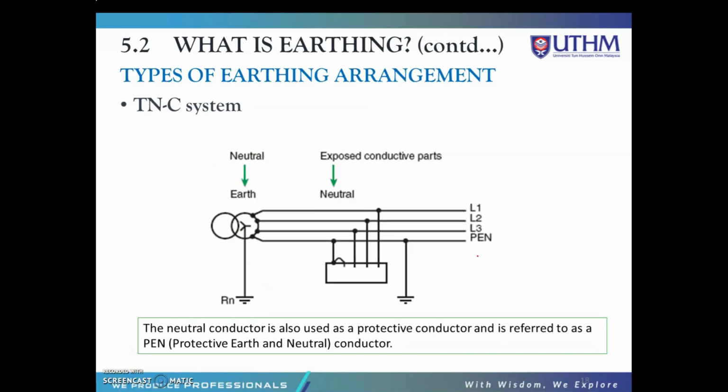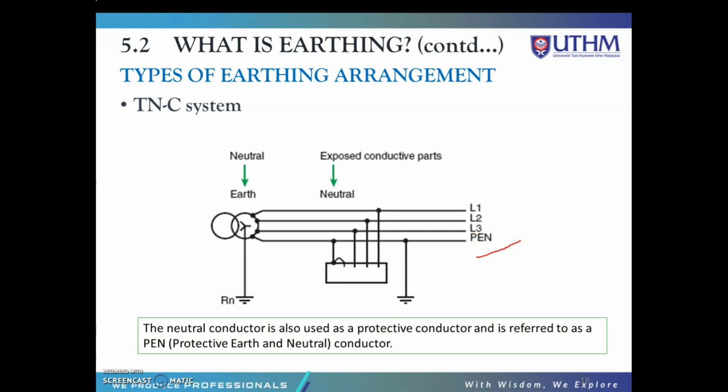The second one is the TN system. Okay, in TN system, we have three types of TN, which are TNC, TNS, and TNCS. Okay, so we look at the TNC first. In TNC, the neutral conductor is also known as a protective conductor and is referred to as a PEN, protective earth and neutral conductor, this one.